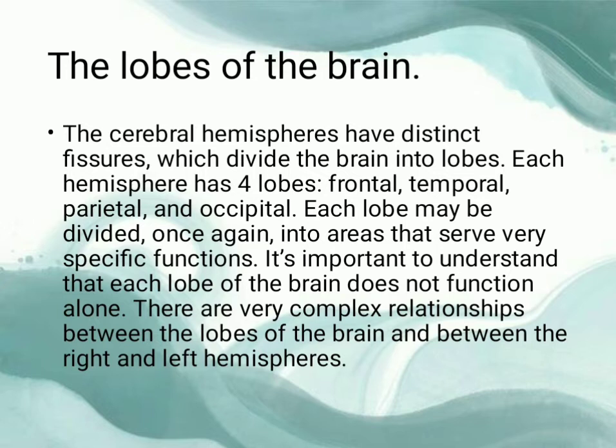Although we now know that most brain functions rely on many different regions across the entire brain working in conjunction, it is still true that each lobe carries out the bulk of certain functions.